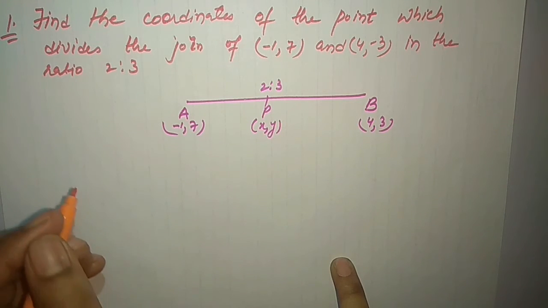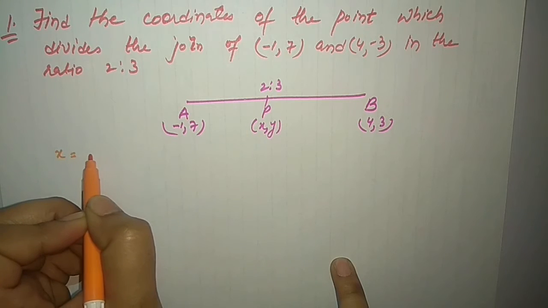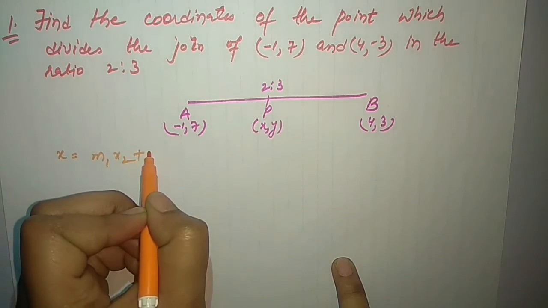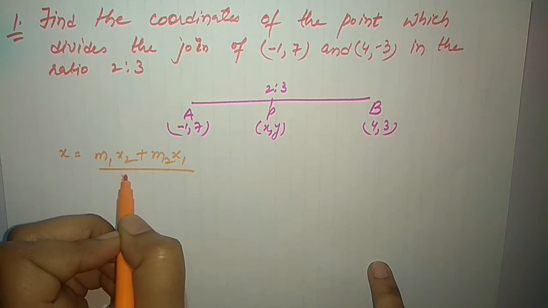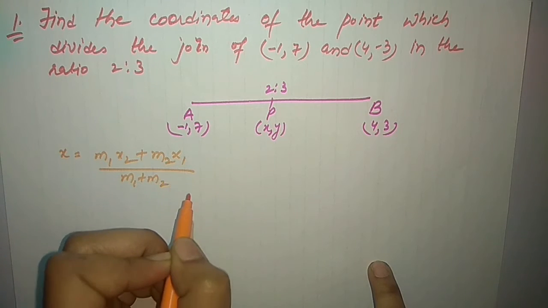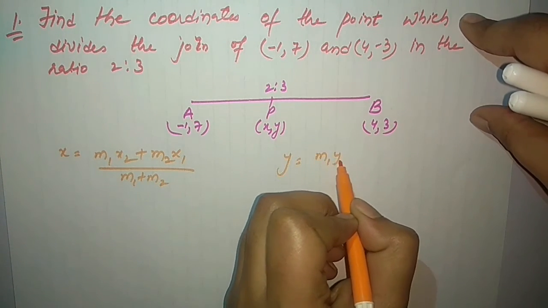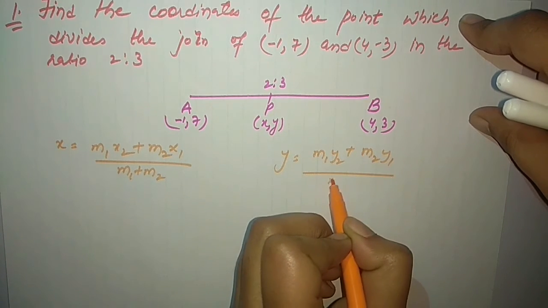Now apply the section formula: x is equal to m1 x2 plus m2 x1 upon m1 plus m2, and y is equal to m1 y2 plus m2 y1 upon m1 plus m2.